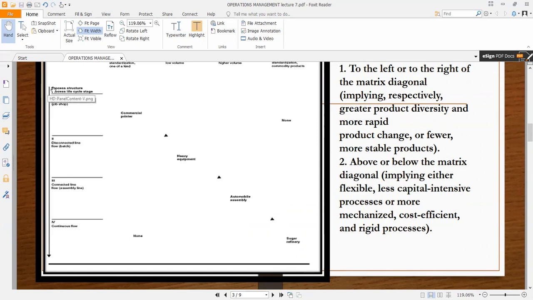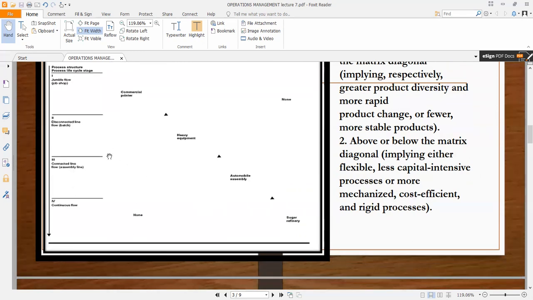So the more we go down, the more intensive in terms of capital and cost efficiency, as well as the complexity of the mechanism that is used.